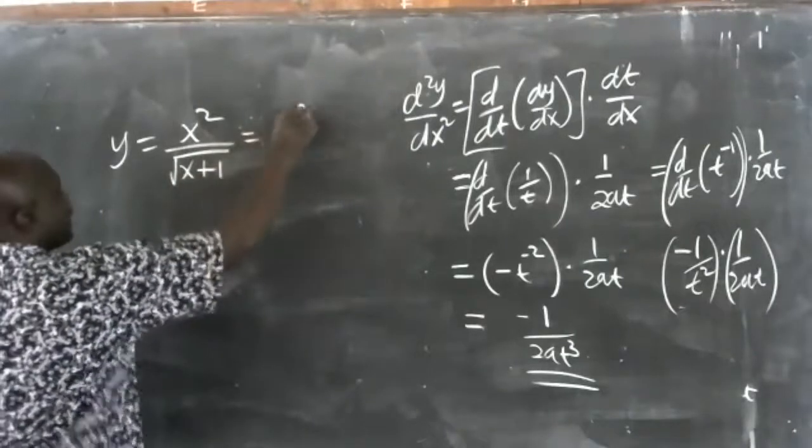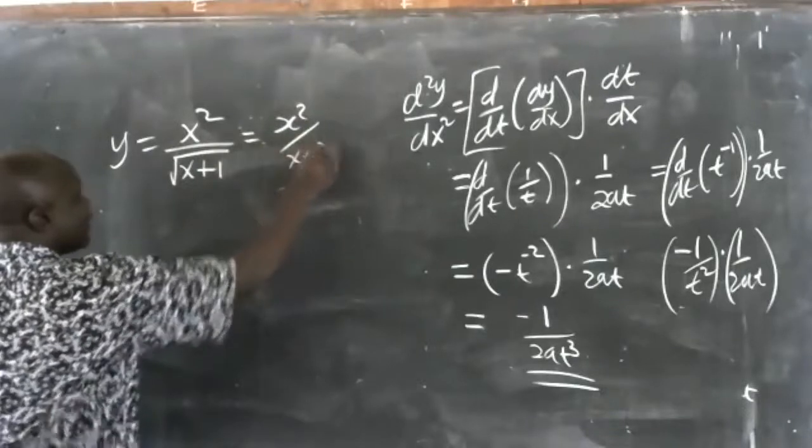So this is x squared over x plus 1 to the power half.